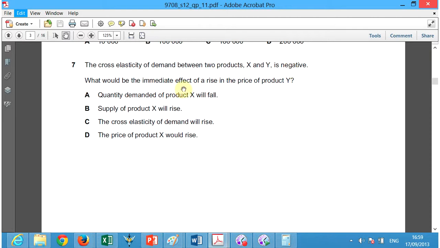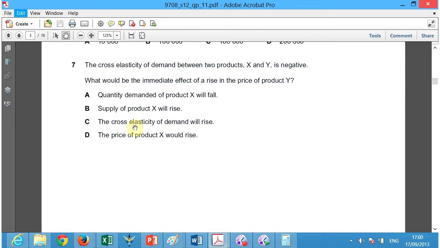What would be the immediate effect of the rise in price of Y on this other good X? If the price of Y rose, the percent change in price is positive, and we know that the overall result is negative. So the quantity demanded of X will fall.